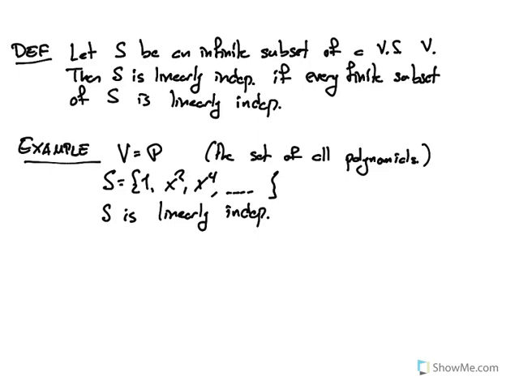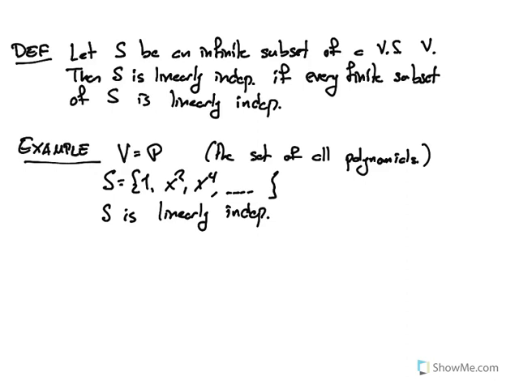The very final thing we will do in this section is to talk about what happens for infinite subsets. The notion of linear dependence and linear independence can be extended to infinite subsets. And the definition is, at least superficially, extremely simple. If you're given an infinite subset, then we say that the infinite subset is linearly independent if every finite subset of S is linearly independent.